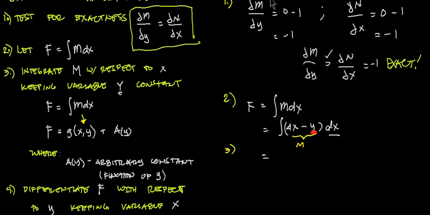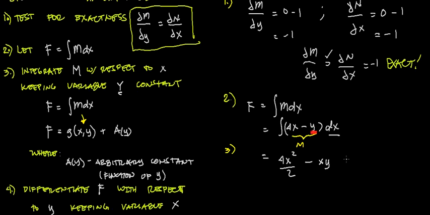So the integral of 4x dx is 4x squared all over 2, right? And then minus, if y is constant, the integral of the constant dx is xy or yx.